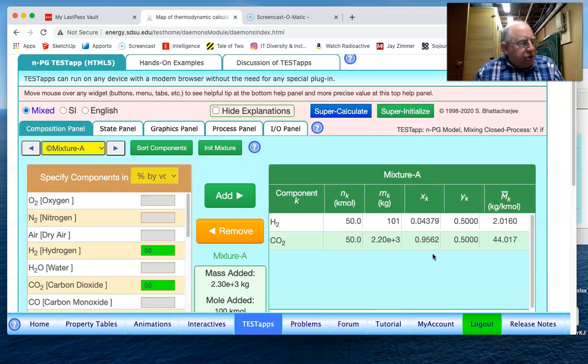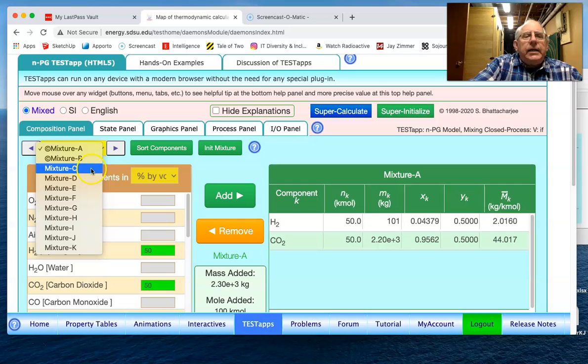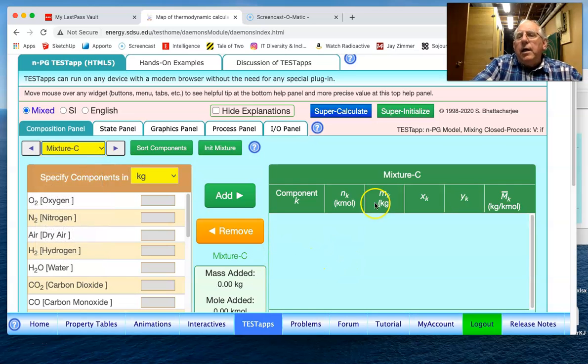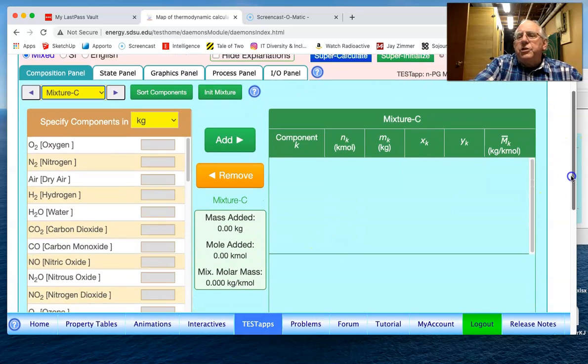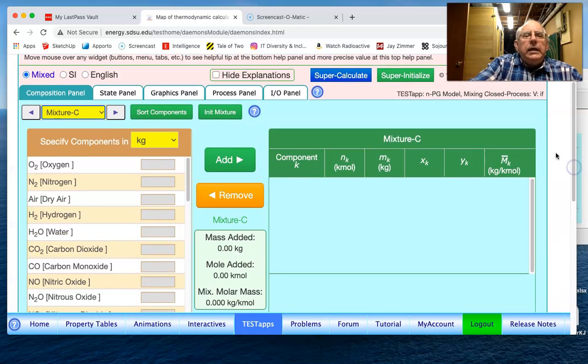For the oxygen, we already know how much mass is there. The mass is 1.23776 kilograms. And now we're ready. Now I'm ready to go in and actually designate mixture C. And what we want to do for mixture C is we want to put in the components based on the kilograms that we just determined.